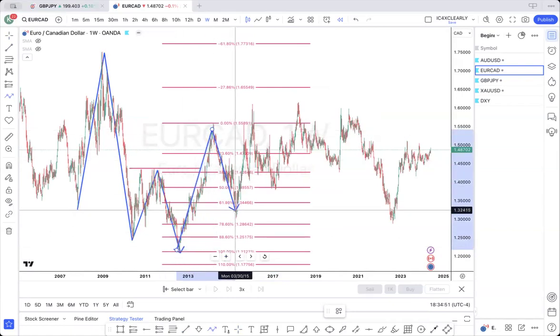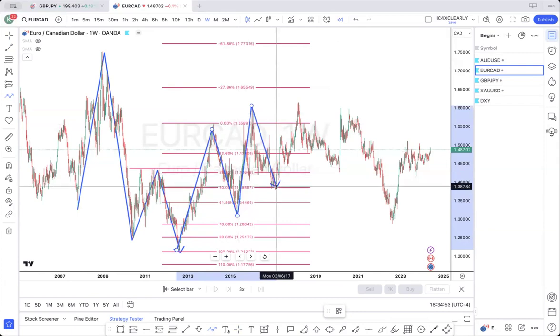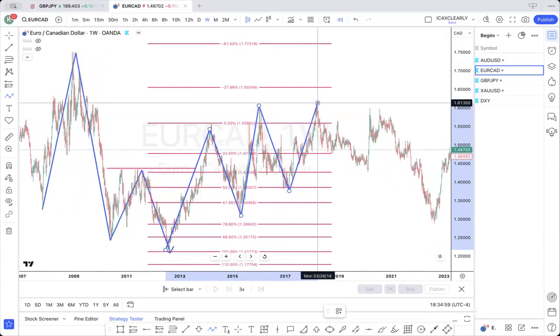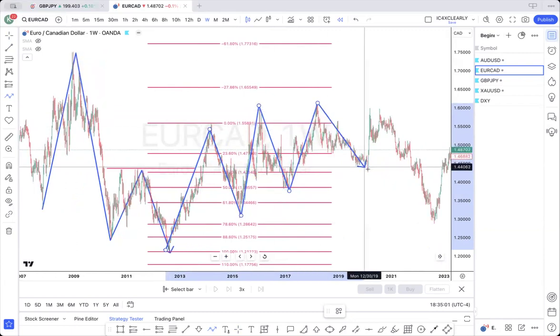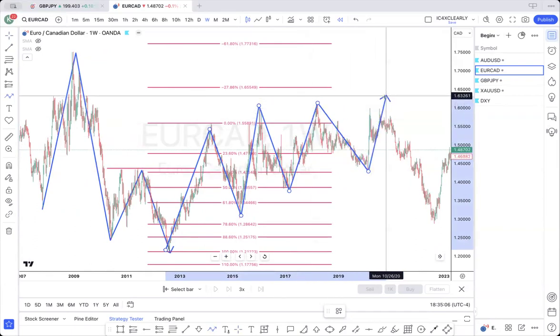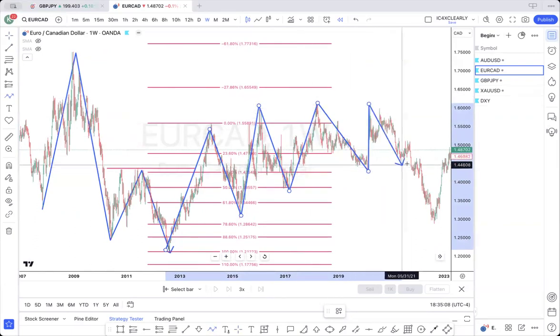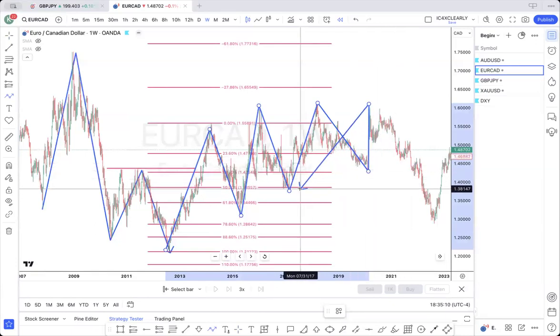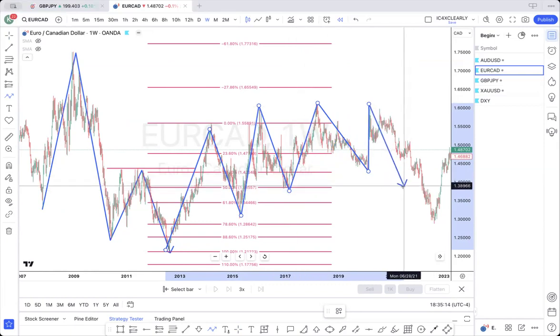So it pushed up, pulled back, pushed up, pulled back, did not break, or maybe it did. I think it did. So now we're up, pull back. It did not break this high, right? But then it broke this, was the last high, this low here.